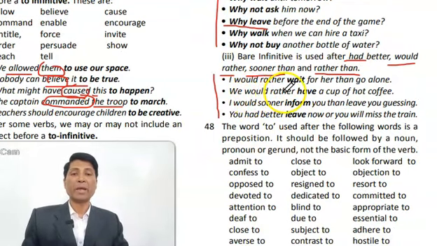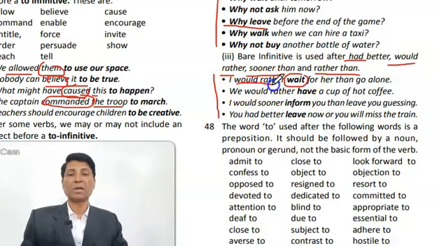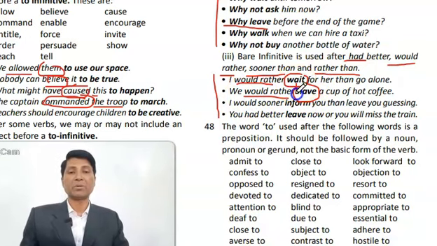I would rather wait for her than go alone. See here, this "wait" is coming after "would rather", therefore it is bare. We would rather have a cup of hot coffee. So here "have" is coming and "would rather" has come before it. So this "have" is a bare infinitive. I would rather inform you than leave you guessing.